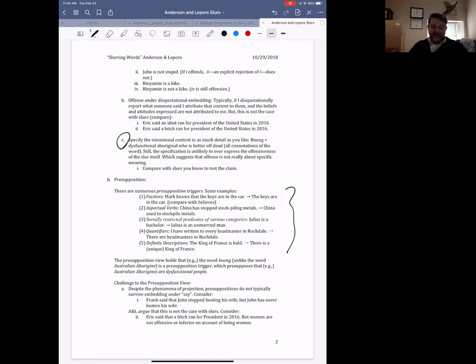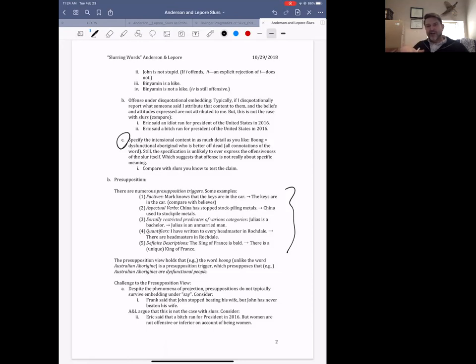If I say "I have written to every headmaster in Rochdale," that carries the presupposition that there are headmasters there. The presupposition view holds that an offensive word like "boon," unlike the words "Australian Aboriginal," is a presupposition trigger which presupposes that, for example, Australian Aboriginals are dysfunctional people.